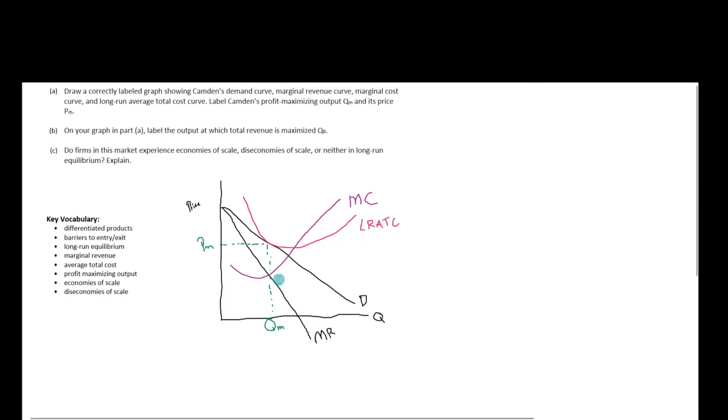It doesn't mean you're profit maximizing after this point. We profit maximize where MC equals MR, but we're still increasing total revenue. It's just that our marginal costs are also increasing after QM. So at the point at which marginal revenue crosses the x-axis, where Q equals QR, that is the point where total revenue is maximized.